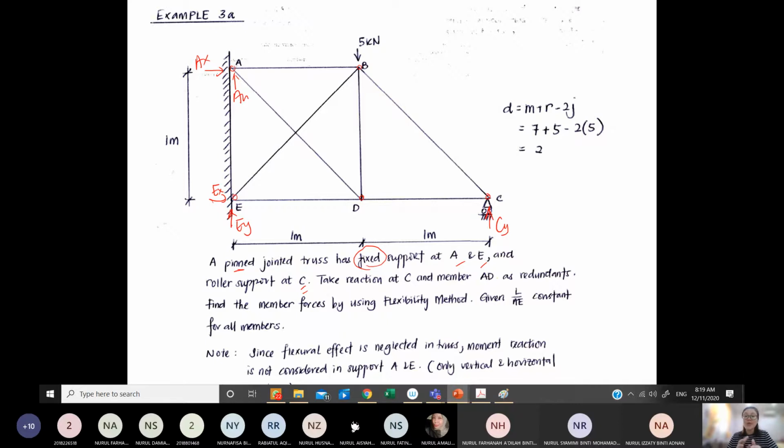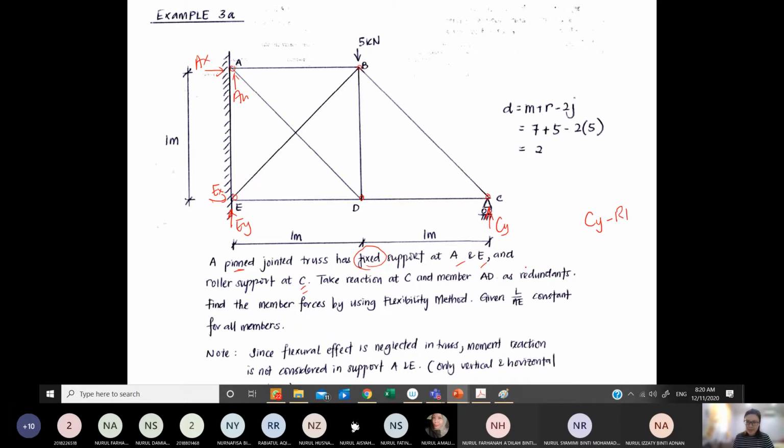You can remove any of your support reactions or member forces, externally or internally, as long as the determinate system is a stable system and you can solve it with the equilibrium equations. So now it says to take CY as redundant.